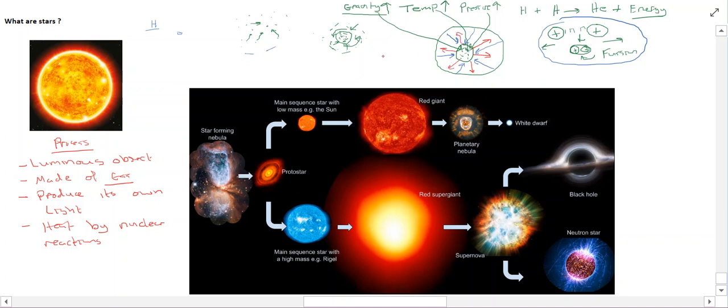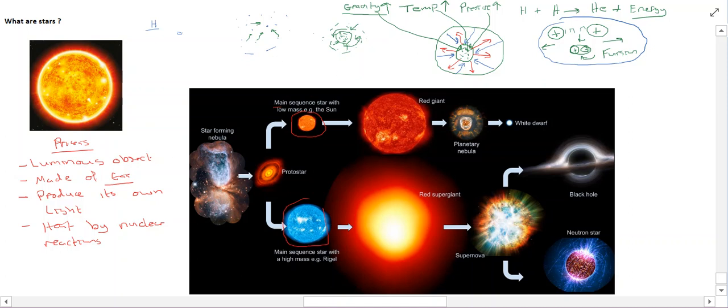Essentially, gravity is pulling everything in, but the outward force from these nuclear reactions is pushing everything out. When this happens, you get a stable star.